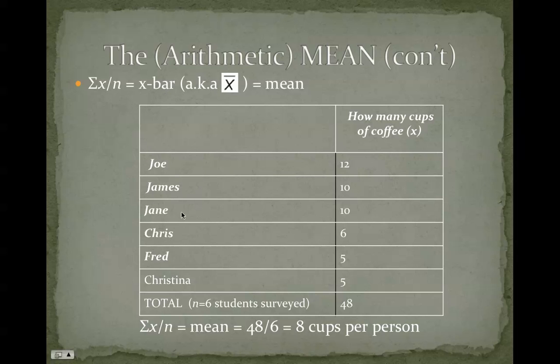This would be 1, 2, 3, 4, 5, 6, and you've written down the number of cups of coffee they had. So that's considered raw data. It's data that are unadjusted or unfiltered or unmanipulated in any sort of way, and that's why it's called raw. It's not categorized in any fancy way.